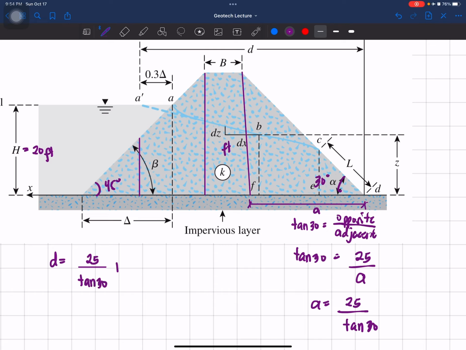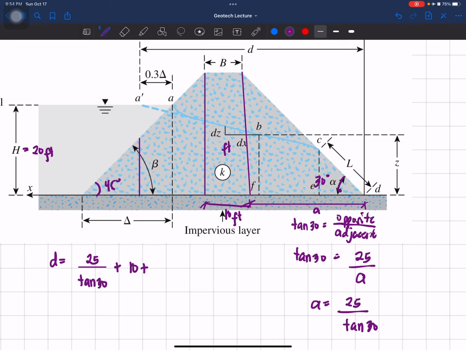Okay. Plus. Ano tong distance na to? That is actually equal to the B of the earth dam. Okay, so the given B of the earth dam is actually 10 feet. Okay, so that is plus 10 feet.